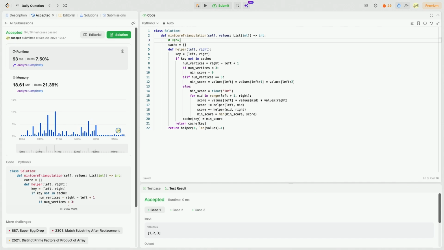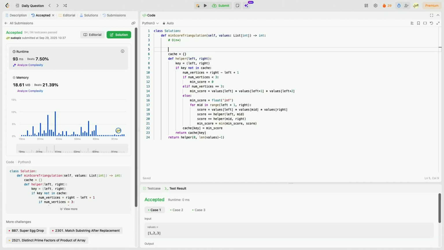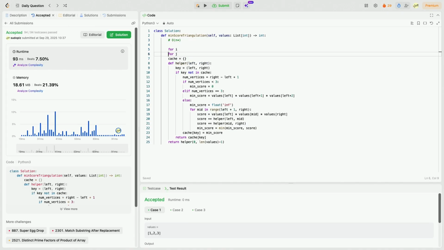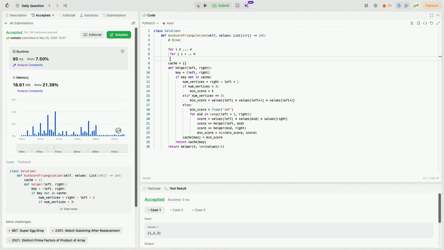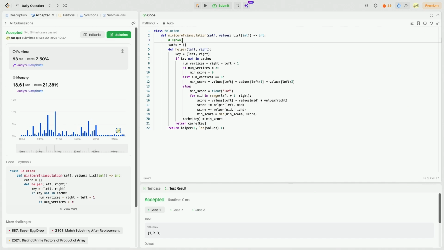So the number of different combinations of left to right interval, how many is that? Well, it's basically equivalent to having 2 for loops. So the first one goes from 0 to n, and the second one goes from i to n, right? So I think it's an O of n squared time, if I'm not mistaken. And it depends on how many unique splits we can have.